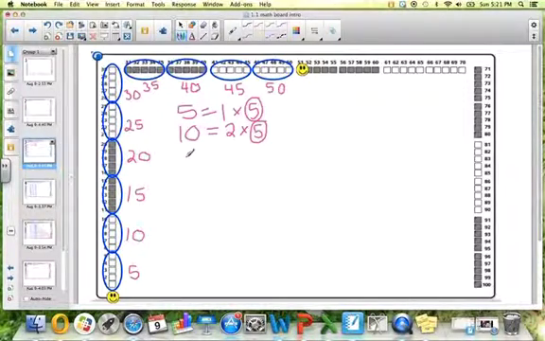So then if I go to the next group up, we're at 15. 15 equals 3 times 5, because we're adding 1, 2, 3 groups of 5 to get to 15. So now I want you to stop the video and finish writing all the equations below here up to 50. You'll see 5, 10, 15, 20, all the way to 50. And then share with your partner and then come on back.